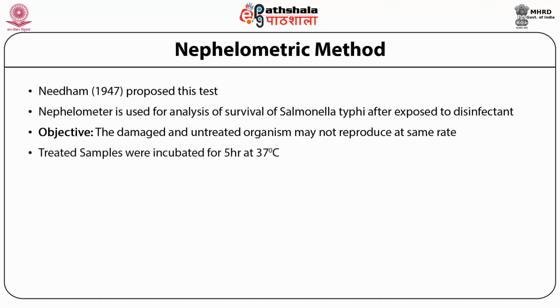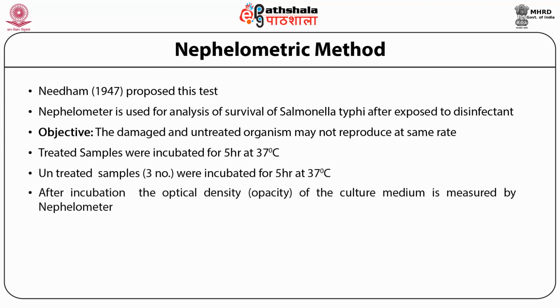The treated samples are incubated for 5 hours at 37 degrees centigrade, and the untreated samples, that is 3 in number, are also incubated for 5 hours at 37 degrees centigrade. After the incubation, the optical density or opacity of the culture media is measured by the nephelometer.